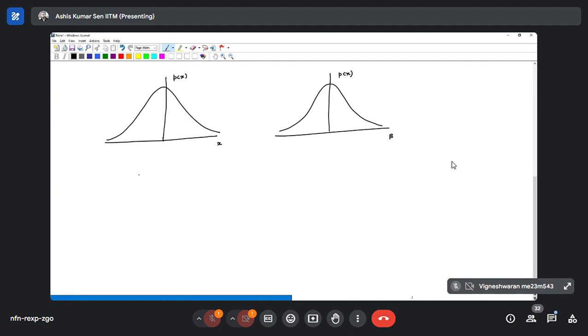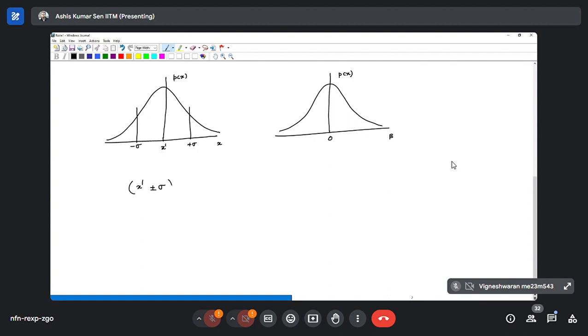So let's say I talk about the data that lie around x prime. When x is x prime, your beta will be 0. If you want to know the probability that the data is going to lie between minus sigma to plus sigma, that means we are talking about the limit x prime plus minus sigma.